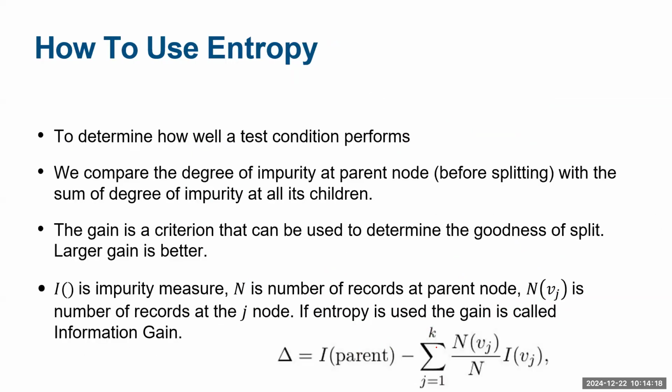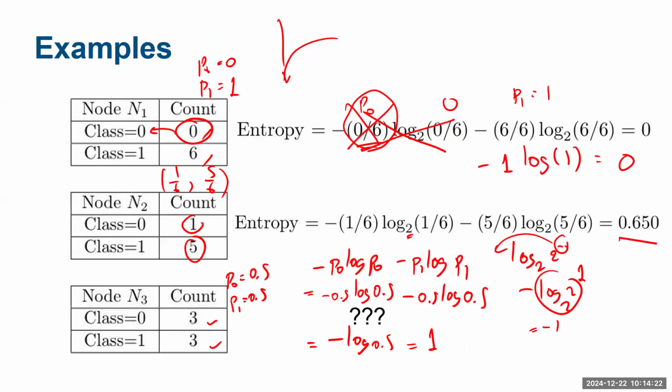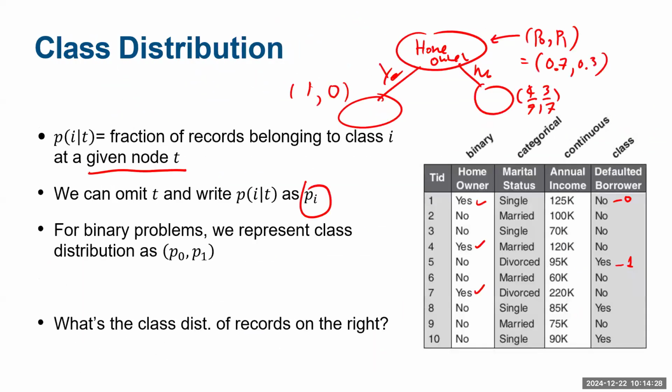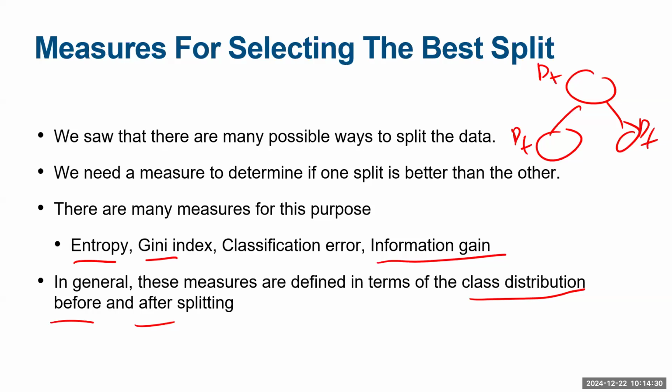Now, how do we use entropy? The entropy is defined on one node. And when we want to do the split, we have the parent node, and then we have the children nodes. Each of them has a different distribution.